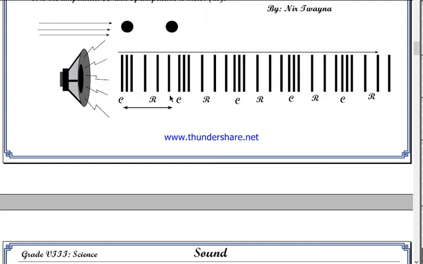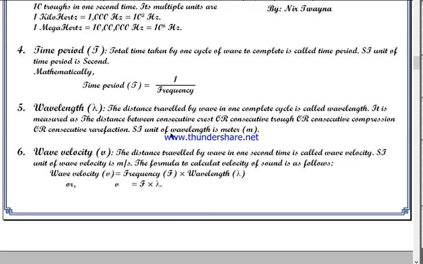So in one complete wave, energy travels a distance from this point to this point. During the formation of one complete wave, energy started its journey from here and it ends here, so this much distance is covered by energy in one complete cycle. That is known as wavelength, the length of a wave.